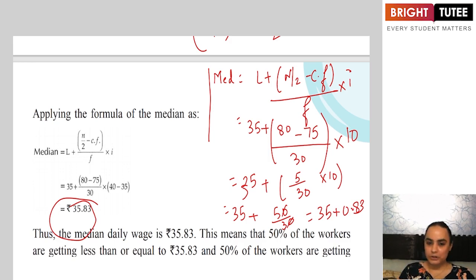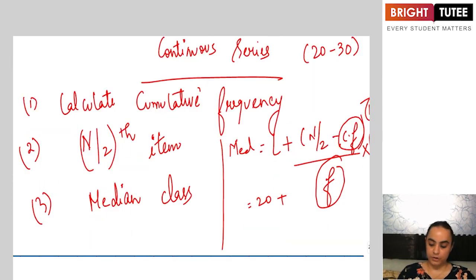So what do we do in case of a continuous series? We calculate the cumulative frequency. From the cumulative frequency, we get the median class, and then we apply the median formula that I have written for you.